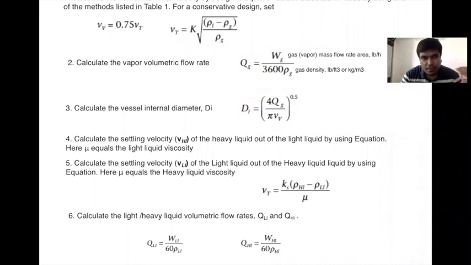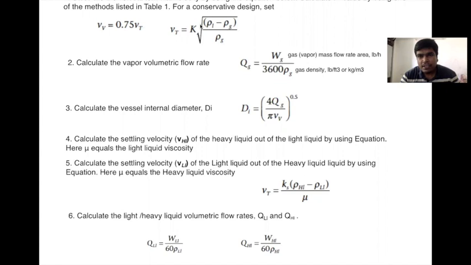So gas is moving up with a velocity of Vv. As you can see in point number 1, Vv is the gas velocity, or you can say the drag velocity, right? So if this drag velocity is less than the terminal velocity, then only can you separate the gas from the liquid, right? And this is the vertical terminal velocity, which can be calculated using this relationship.